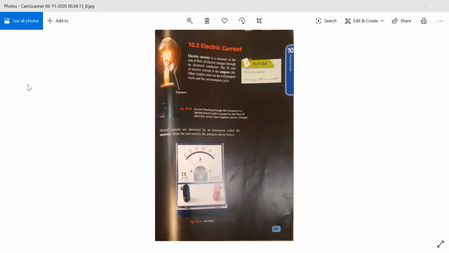When we get to know how much electric current is passing through a circuit, we will write it with the ampere sign. For example, if it is 0.1 or 0.2, we write it in amperes. But if it is a small unit, we write it in milliamperes, whose symbol is mA. Smaller than the milliampere is the microampere, and its sign is µ and capital A.